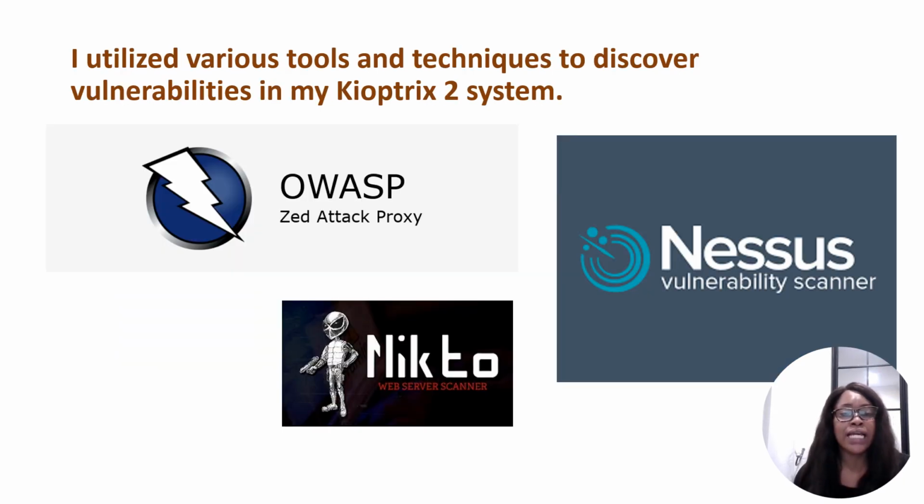So my next slide is to utilize various tools and techniques to discover vulnerabilities on the system. So for my Kioptrix machine, I actually utilized OWASP, Nikto, and Nessus. To effectively apply the tools and techniques for identifying vulnerabilities, one must first understand the importance of vulnerability assessment and the potential risk associated with a compromised system.